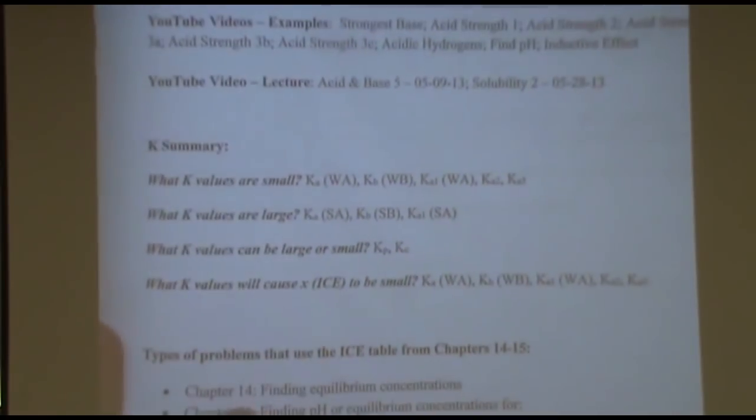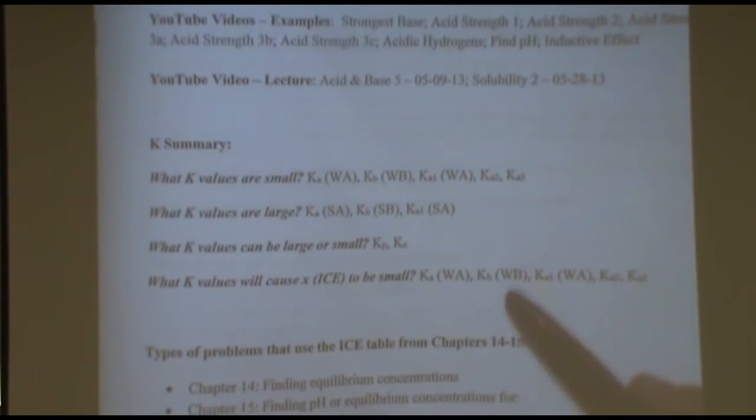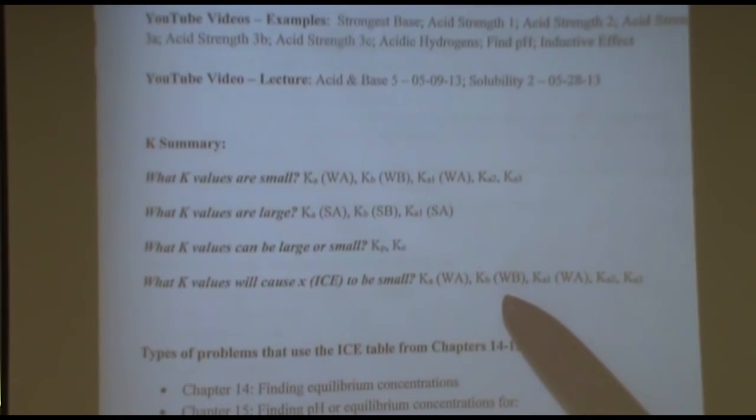That's good to review. Here we go. This is page 91 of my reader, middle of the page. You're going to use the assumption that x is small in all these scenarios here at the bottom. So, if you have a weak acid or a weak base, or a Ka1 for a weak acid, really those first three are the key ones.